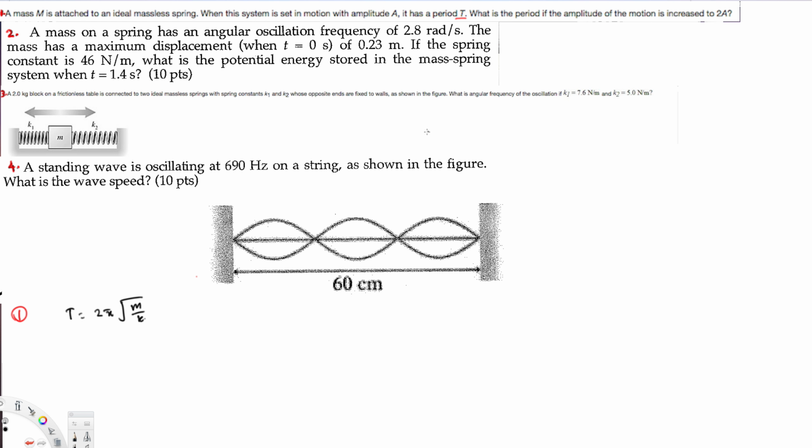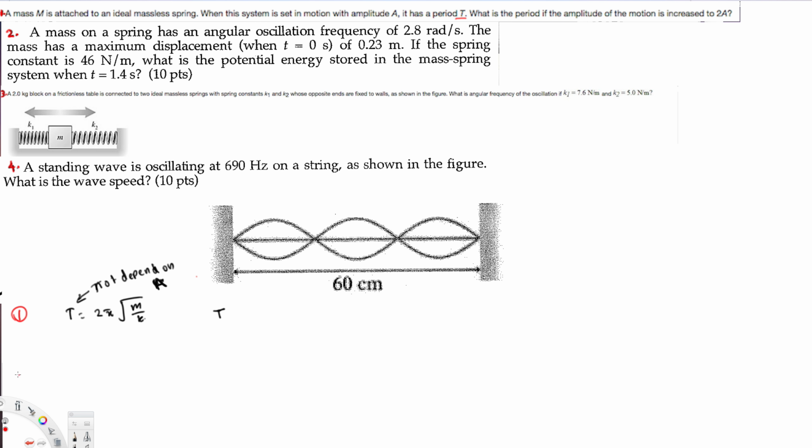Therefore there's going to be no change. So when the amplitude is doubled, the period is still going to be T. So the answer is T. If it's increased to 2A or whatever, it's still going to be T.